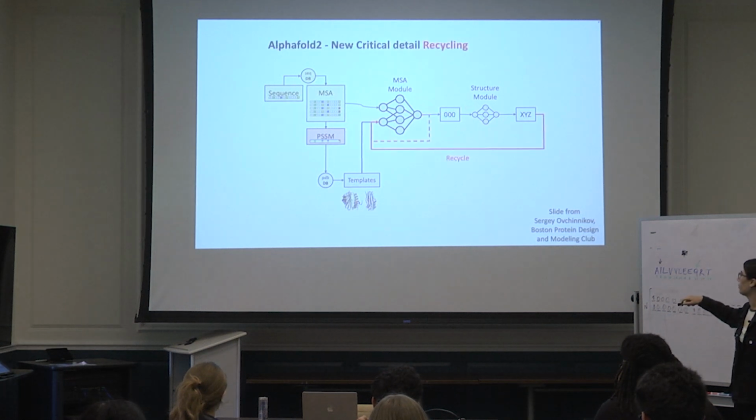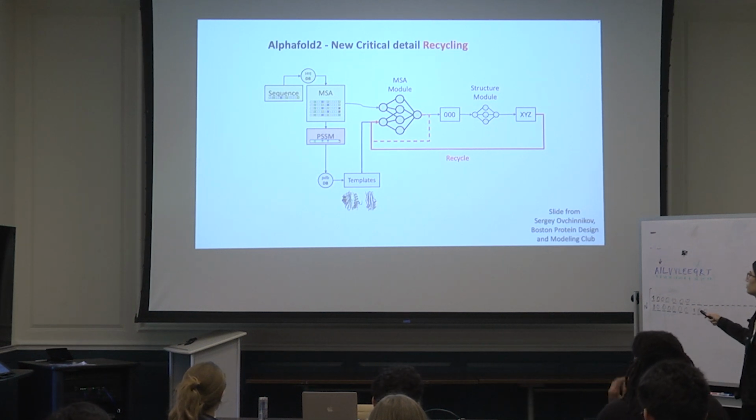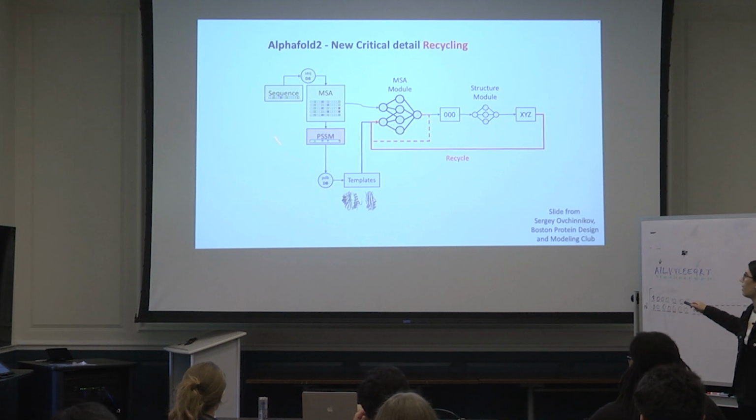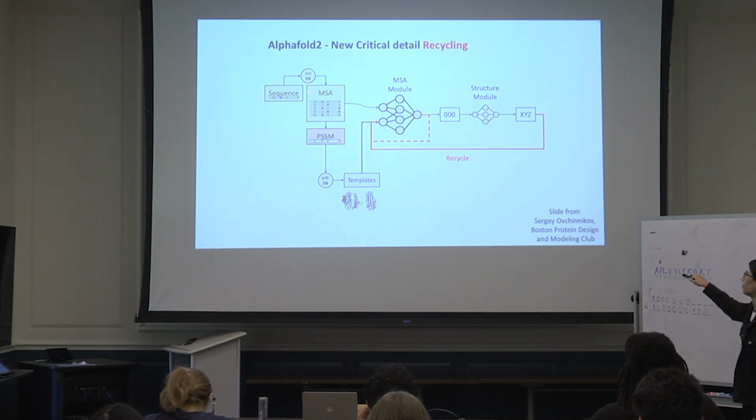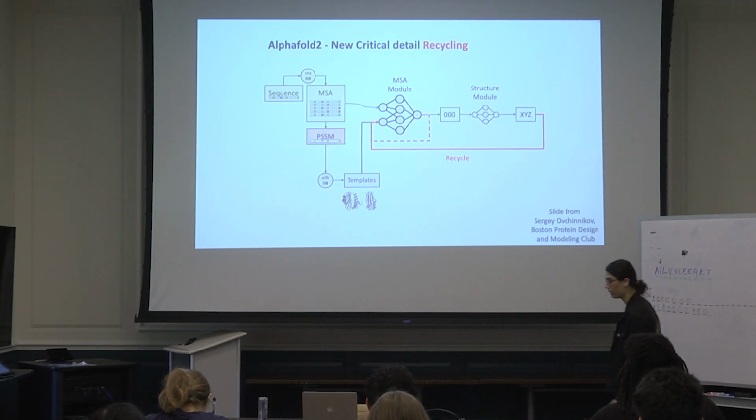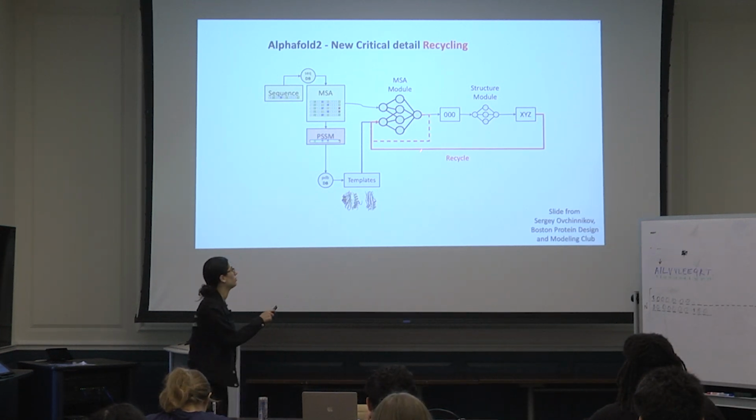One very critical detail is called recycling. The idea is, we have some MSA from our search, and we can figure out possibly some templates to go along with it. We feed all of these into our MSA module, which will come up with some sequence embedding, and the sequence embedding itself will be useful in figuring out the coordinates.